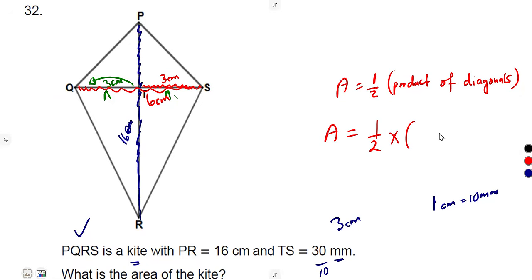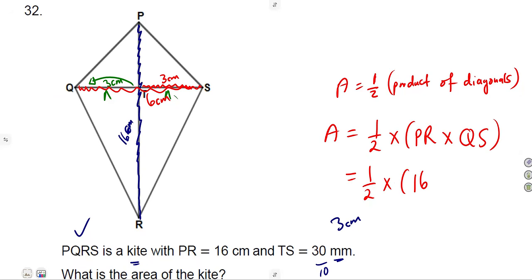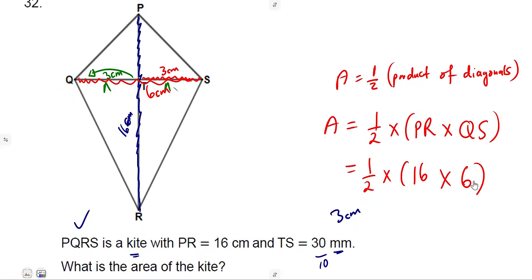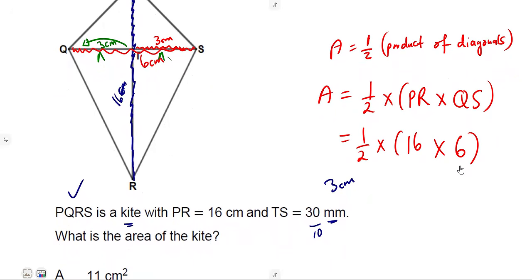Our diagonals are PR times QS. So let's substitute half of what? From P to R, it is 16 centimeters, remember the units in centimeters. From Q to S, it is what? 6 centimeters. So that was going to give us the area in that case.